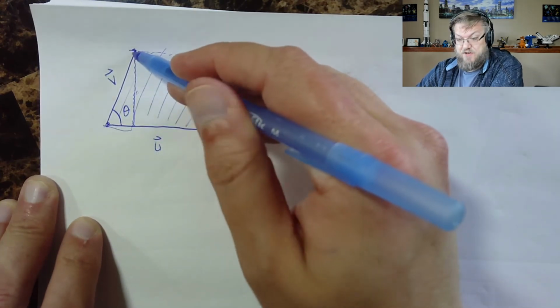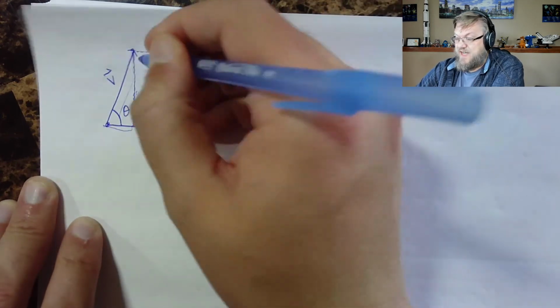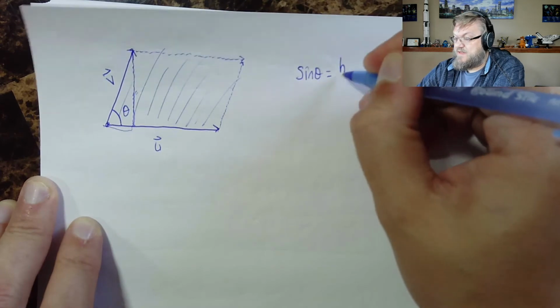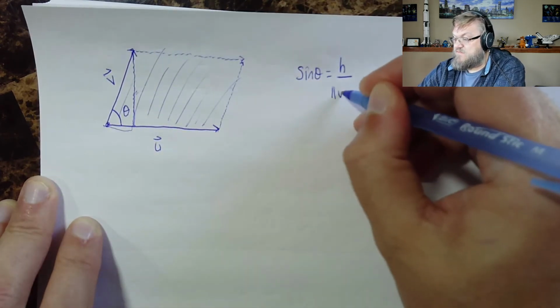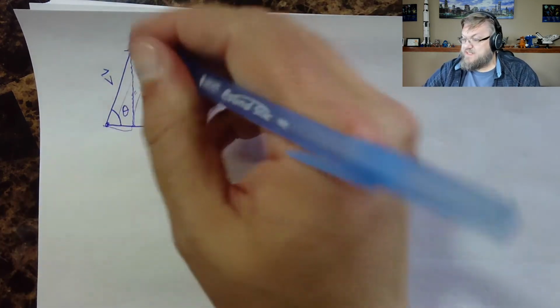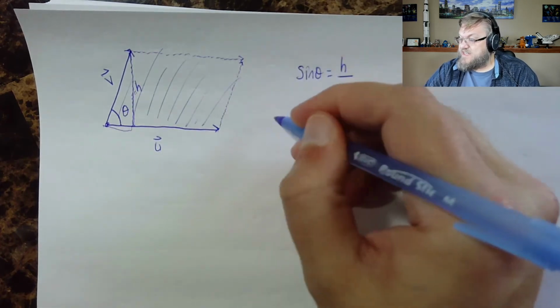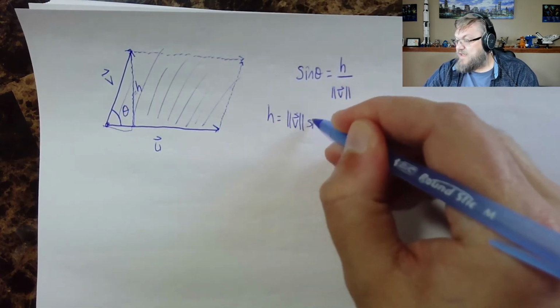And so that involves the sine function, right? So sine of theta equals the height of the parallelogram over the magnitude of the hypotenuse, which is going to be the magnitude of v. So the height, h, is actually equal to the magnitude of v times sine of theta.